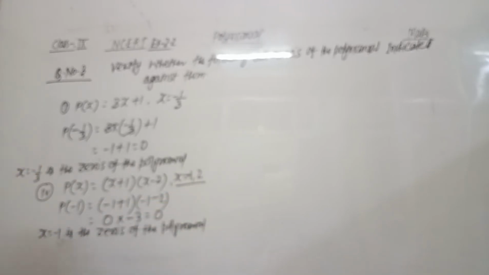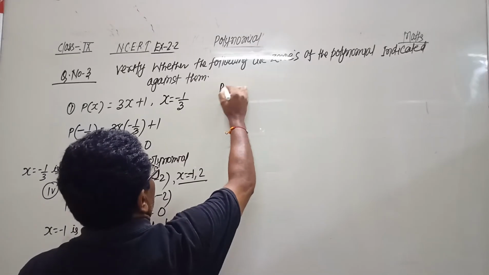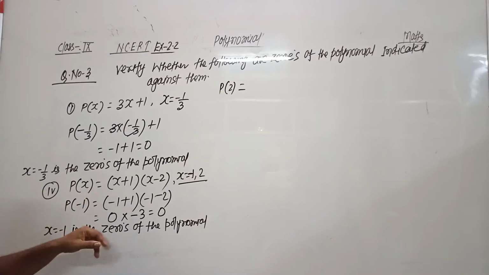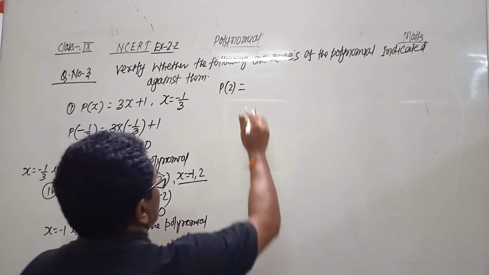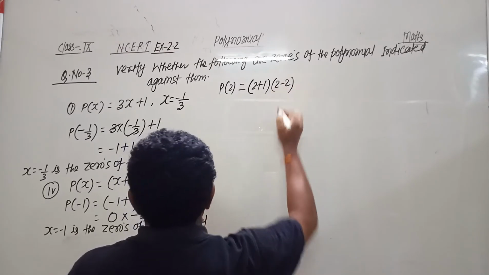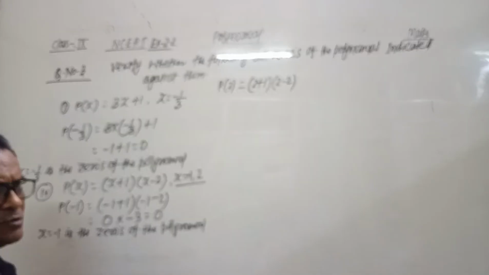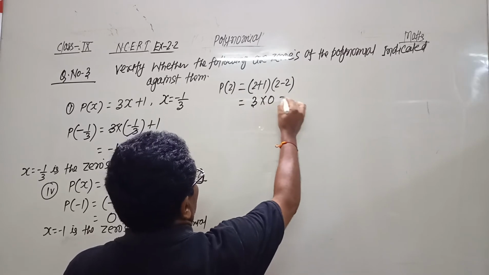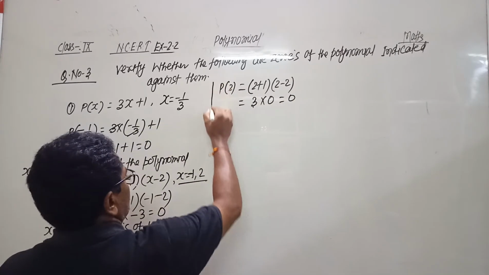Now we put x equals 2. So we find p(2). Putting 2 gives 2 plus 1 and 2 minus 2. So 2 plus 1 is 3, into 0. Again it comes to 0.